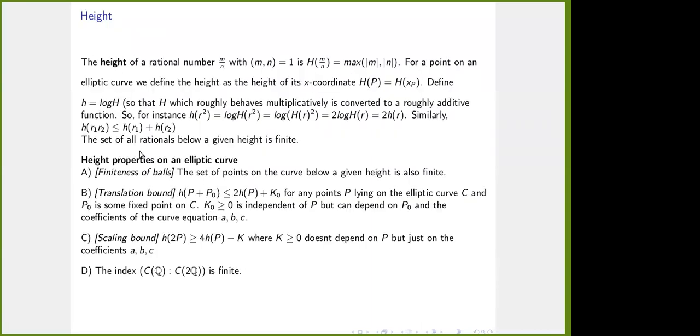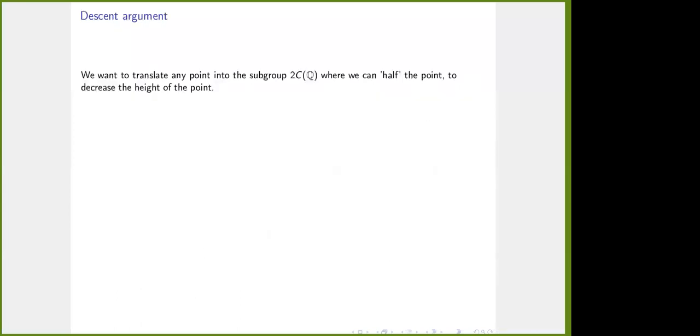Okay, so these 4 properties, once we suppose we've shown them, will show that the group is finitely generated. The reason is the descent argument, which I'm going to describe now. We want to translate any point. Suppose we start with any rational point on the elliptic curve, and suppose it already lies in the double group 2C(Q).